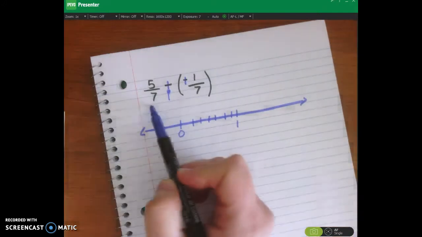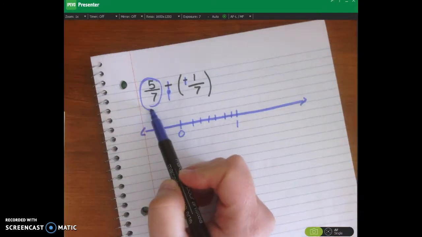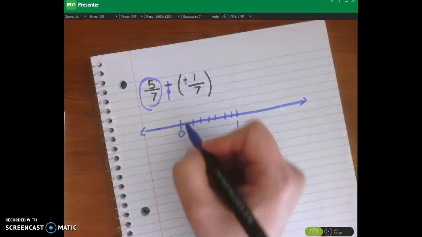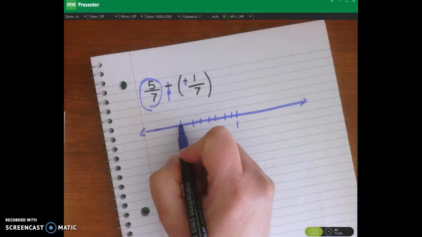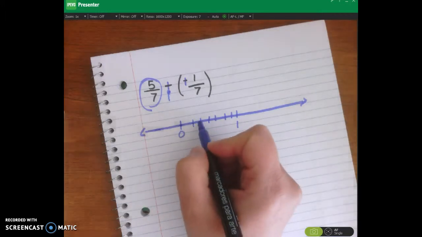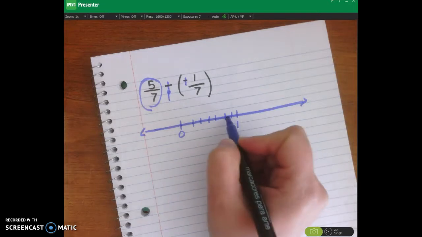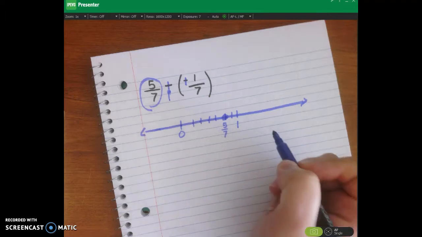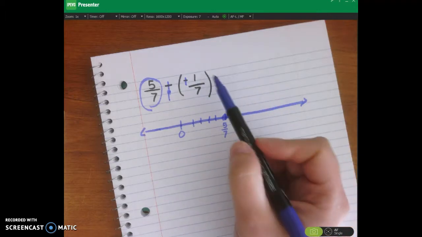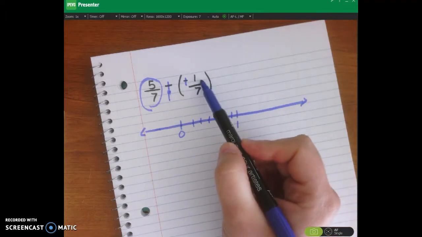So the first thing I want to do is plot this 5/7 on my number line. So starting from 0, I'm going to go 5 places in the positive direction. So I'm at 5/7. So we go 1, 2, 3, 4, 5. So here is 5/7. And now I'm going to add 1/7 to it.